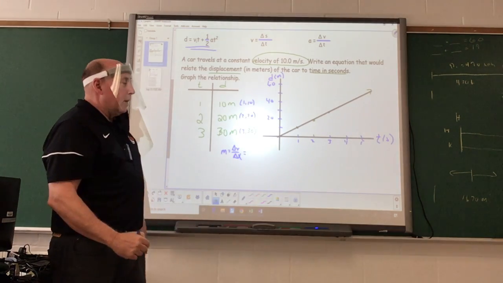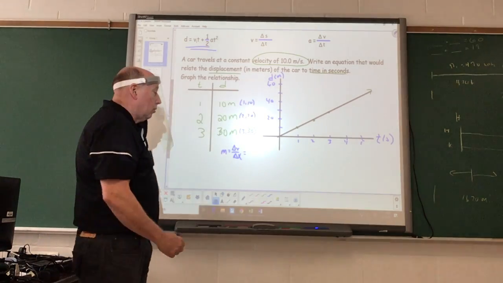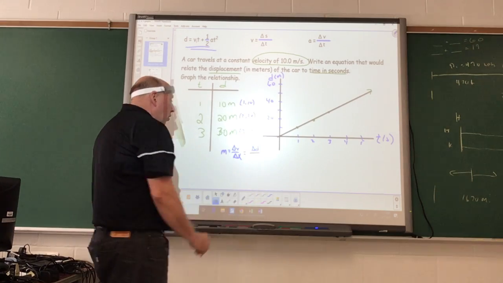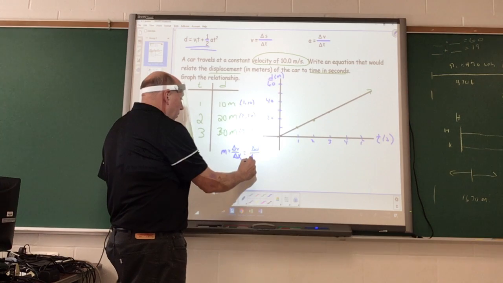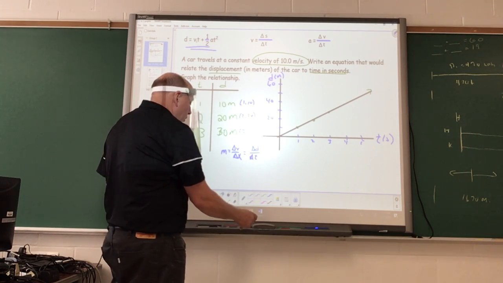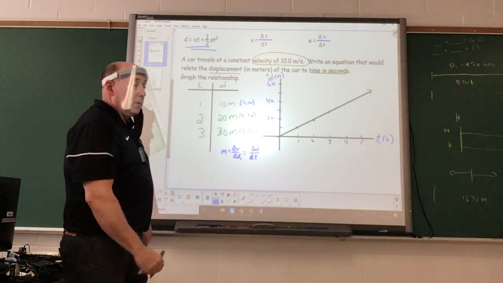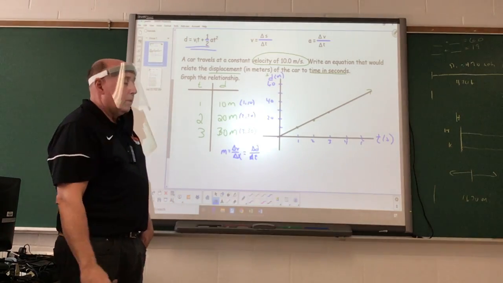But in this situation, my y-axis is meters, or displacement. So we have delta D over delta T. And if you want to, you could also use S there, and this would be delta S.